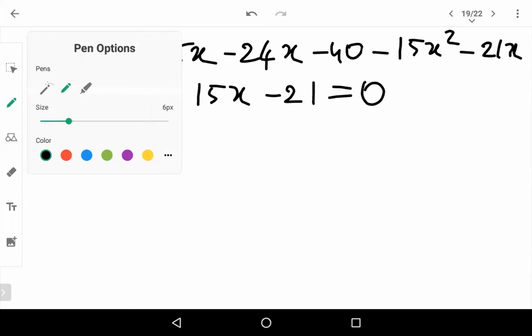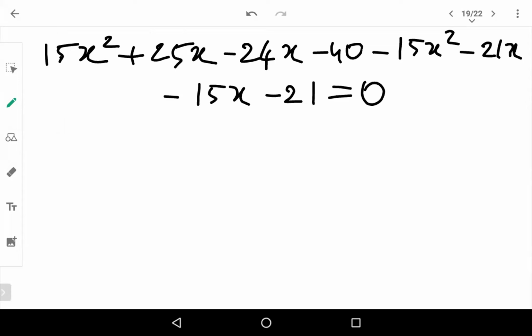Now, which two variables can I cancel? I can cancel 15x square: plus 15x square and minus 15x square. After this, let us add all the x values to one side.